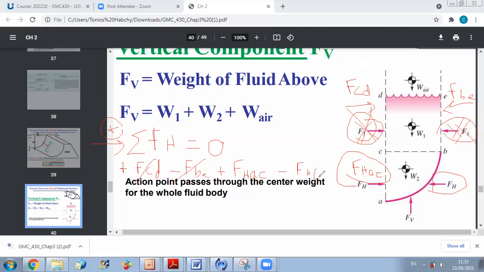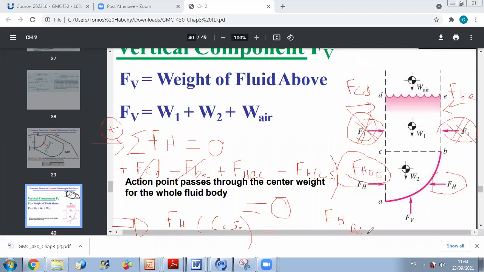This is the horizontal component of the force of the curved surface on the fluid, equals 0. So what can I deduce? I can deduce that the horizontal force FH of the curved surface on water is equal to FH on AC.